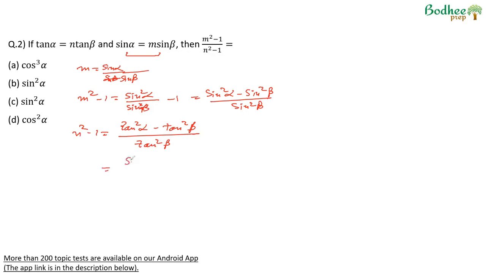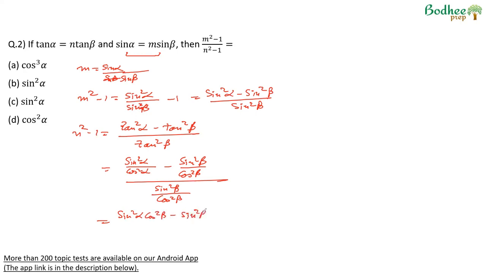This can be written as sin square alpha upon cos square alpha minus sin square beta upon cos square beta. Further solving, you'll get sin square alpha cos square beta minus sin square beta cos square alpha upon cos square alpha cos square beta.